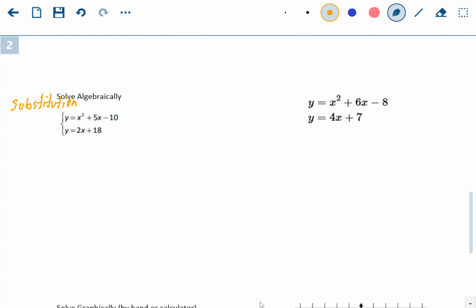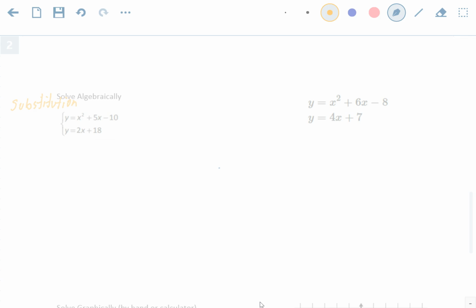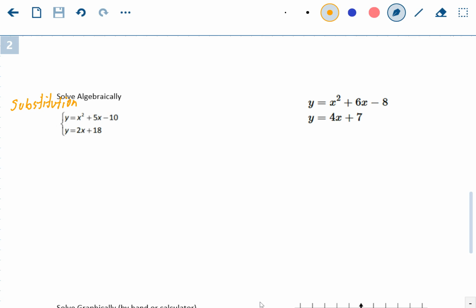Well, in a problem like this where they're both y equals, both your y values are by themselves. So if y equals x squared plus 5x minus 10 and y equals 2x plus 18, then the x squared plus 5x minus 10 has to also equal 2x plus 18. So it's just pure substitution.